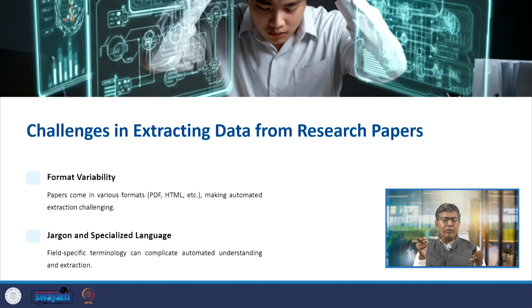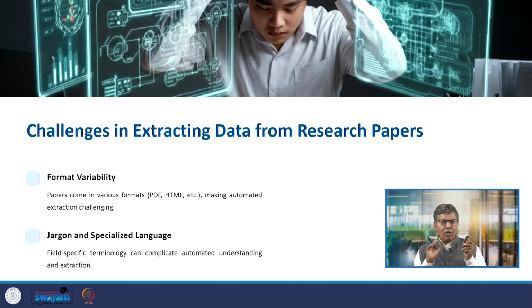For example, the format variability. Papers come in various formats, PDF, HTML, etc. That can be handled, not a big deal. Then jargon and specialized language: field-specific terminology can complicate automated understanding. Certain jargons are more related to a particular area, for example computer science or, let's say, biosciences.